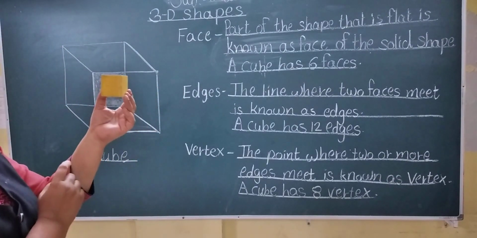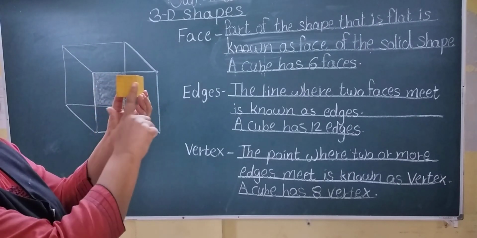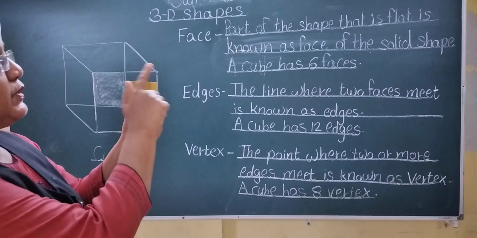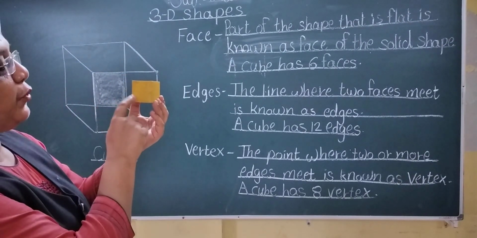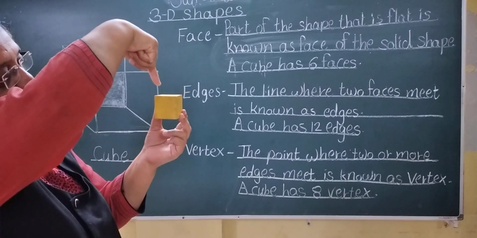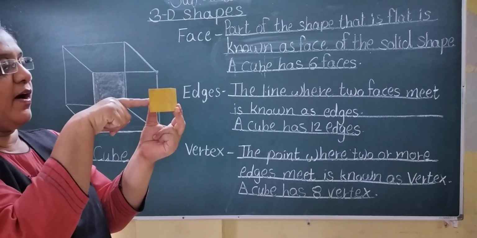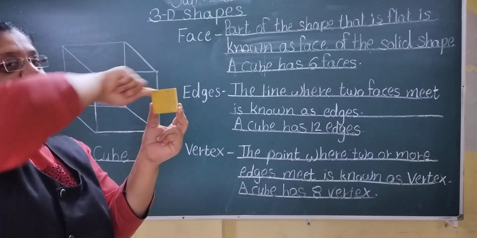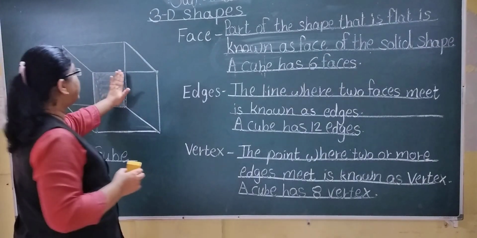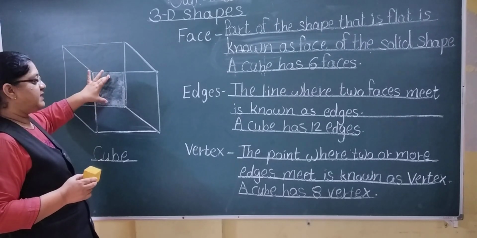The part of the shape that is flat is known as a face of this solid shape. The flat shape of this solid shape is called a face.